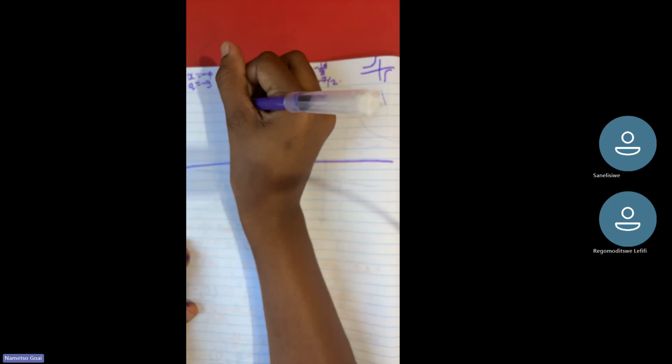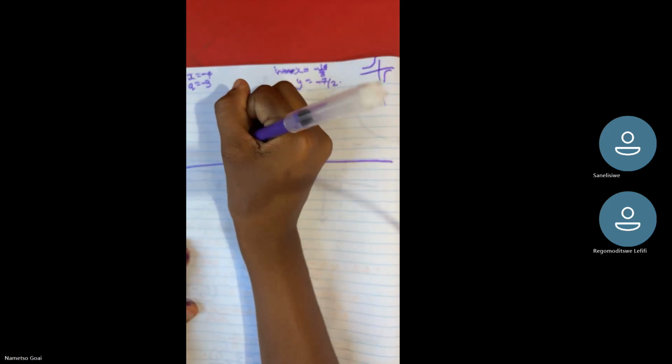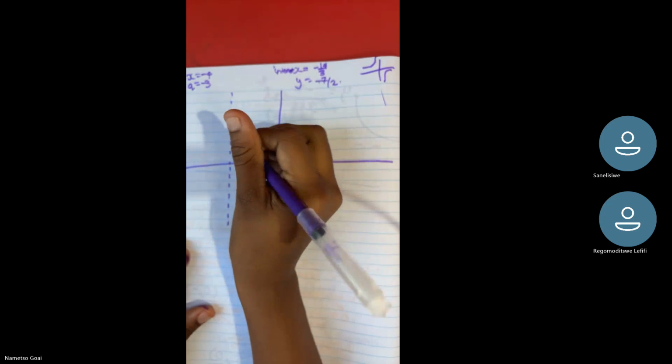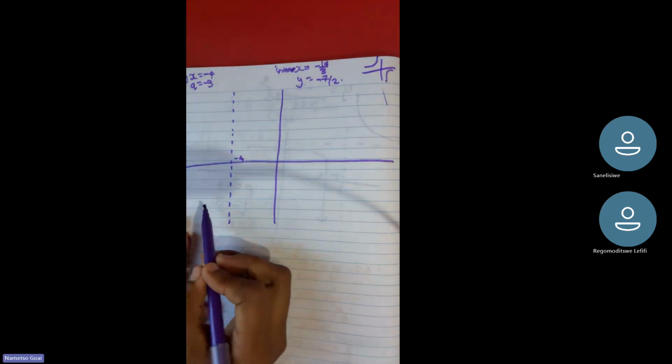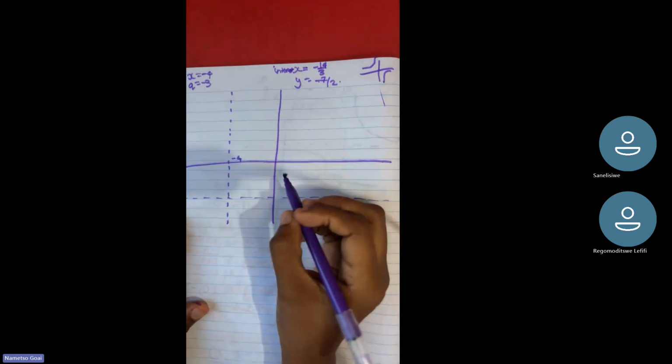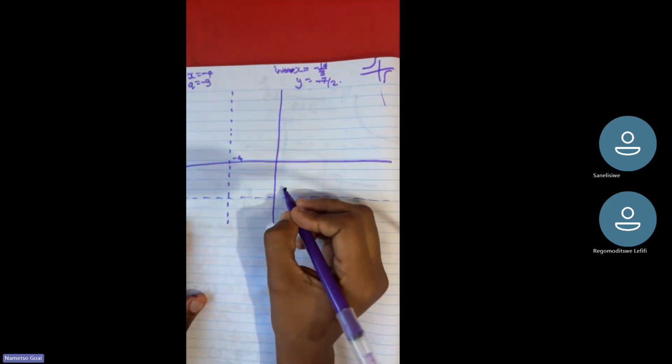Over here you have your negative 4, and over here your y asymptote, which we said was negative 3.